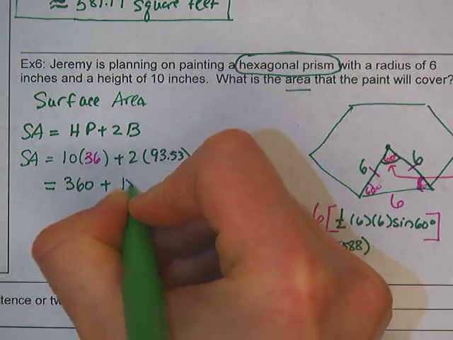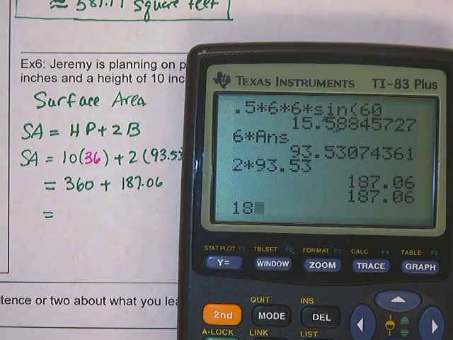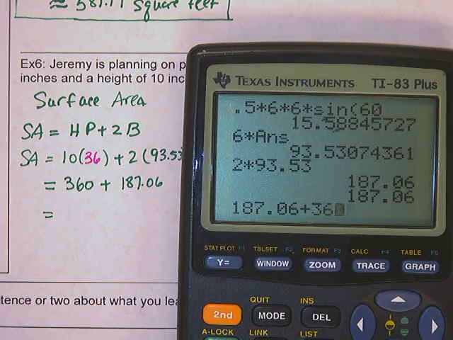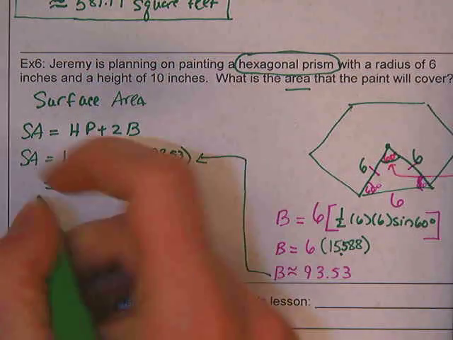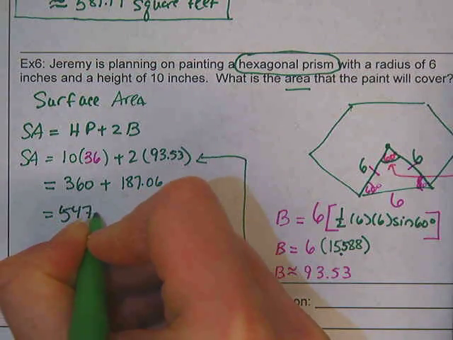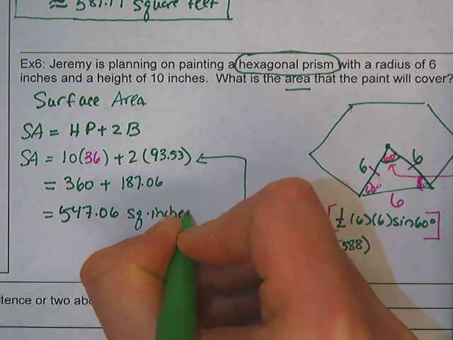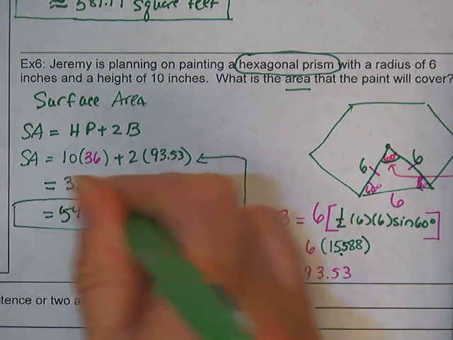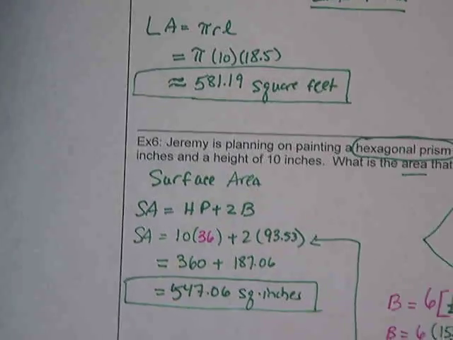So now we're going to type this in. This is 360 plus twice 93.53, 187.06. Type that in, and we get 547.06 for our answer.